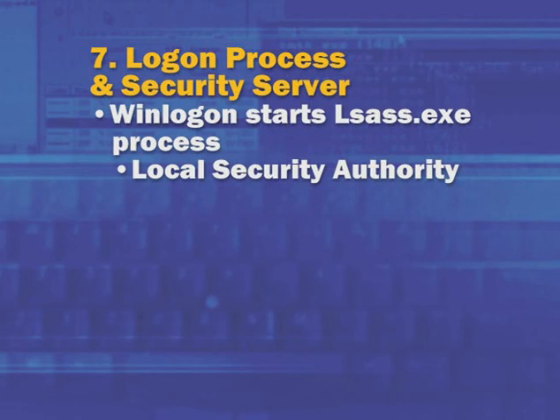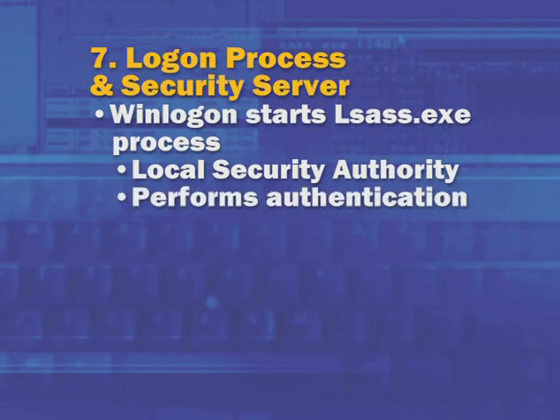WinLogon takes over next, and its first job is to launch the Local Security Authority subsystem, lsass.exe. lsass.exe is responsible for local authentication to the machine. So whether somebody's logging on interactively through WinLogon or somebody's logging in through the network, through a file network share, LSASS is the one that ultimately makes the call as to whether they're allowed to connect to this machine.